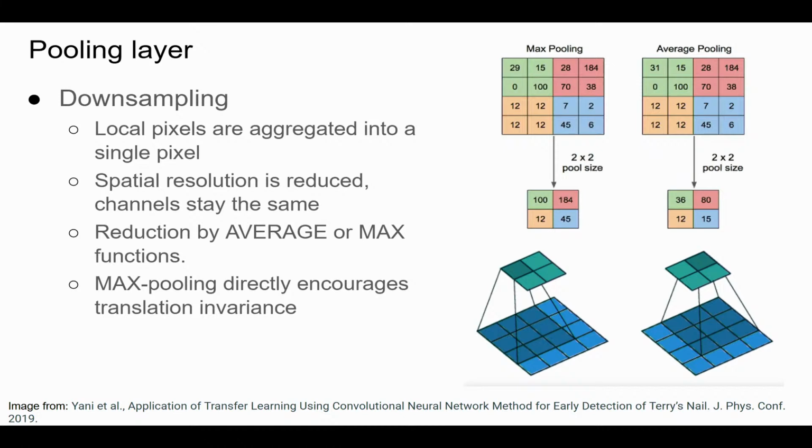If you have max pooling, you get just one value, the maximum value, at the output from that region. For average pooling, you get the average value. And so if I go from an image, I get a smaller output.